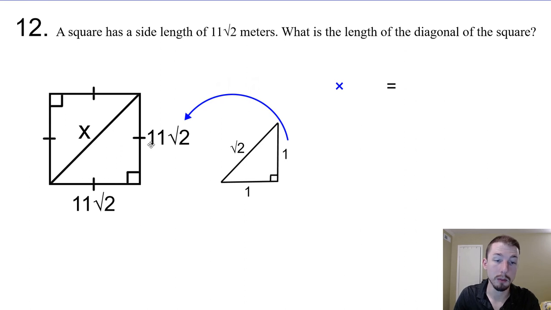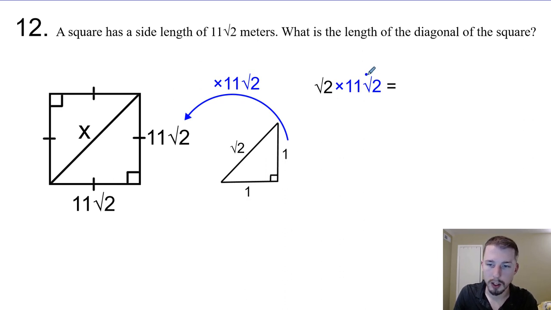So they're similar to 1, 1, radical 2, and I drew them in the same orientation. So if I'm going from a leg of 1 to a leg of 11 rad 2, I'm multiplying by 11 radical 2. So what is radical 2? The hypotenuse times 11 radical 2. Okay, so rad 2 times 11 radical 2 is what we're trying to do. Well, if you remember the multiplication rules, that's why we spent 2 days doing multiplication, simplifying these radicals.